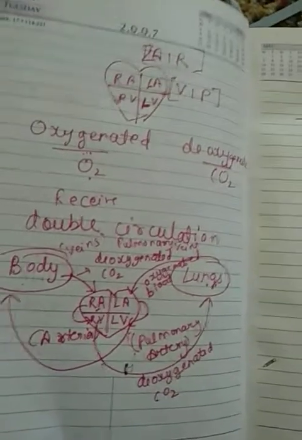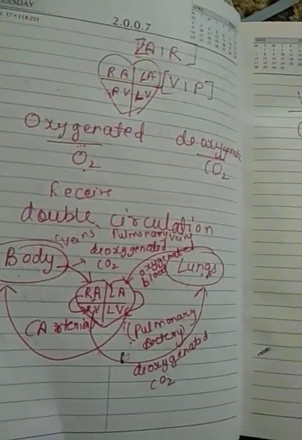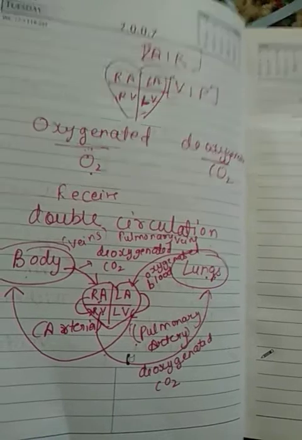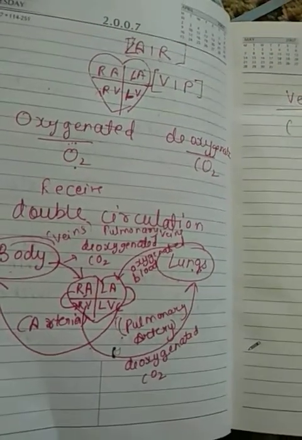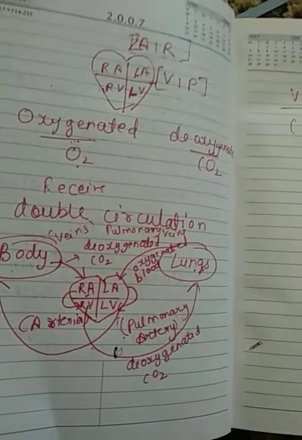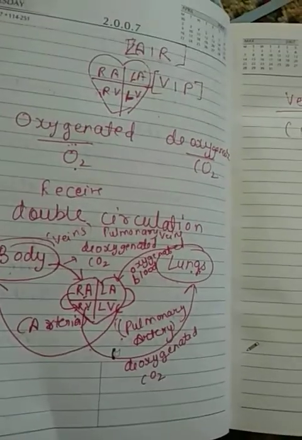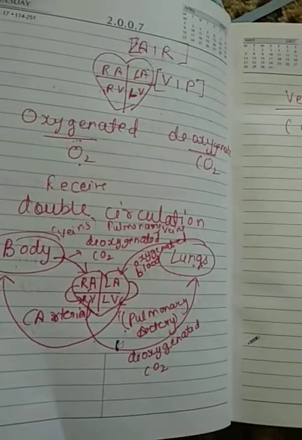Now, another important point to note in the case of veins is that valves are present, which regulate or control the flow of fluid. They prevent backflow of the deoxygenated blood, which is very dark blood.